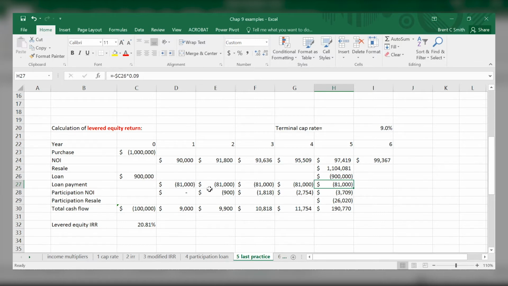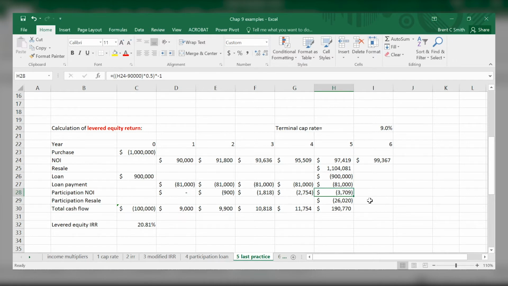We want to figure out what their take is. So, first of all, from an operations standpoint, they get 50 cents on every dollar generated over 90,000. As you can see, in year 2, to make life simple, we project $1,800 in increase in NOI over the original 90,000, and so they're taking the $900, and that's what's going on throughout the process.